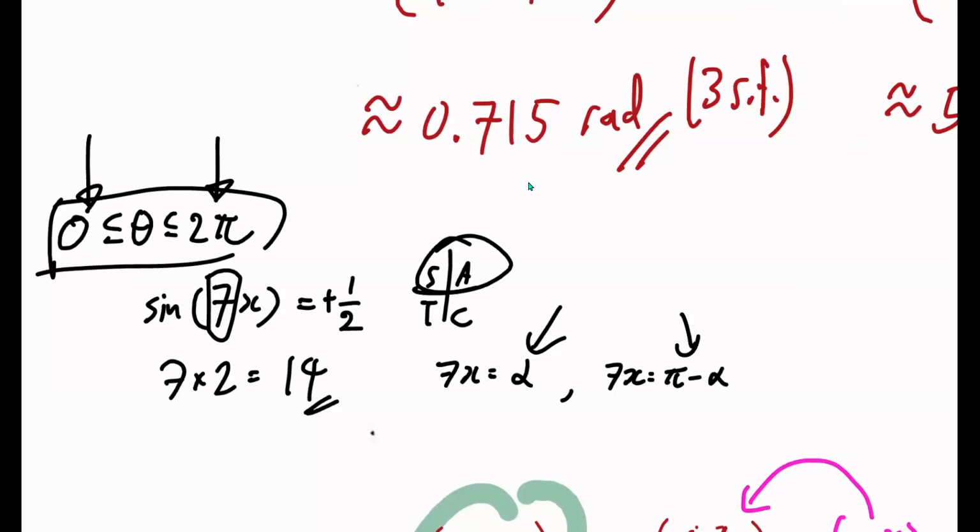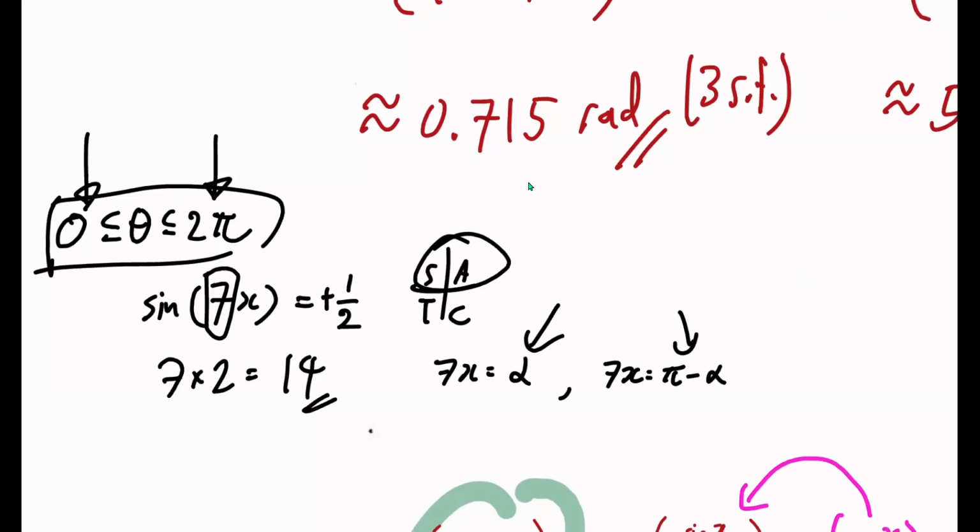Actually, it's not the answer yet. You have to divide by 7 and you get the answer. So you actually need how many more pairs? 6 more pairs. How do you get the 6 more pairs? You add multiples of 2 pi.